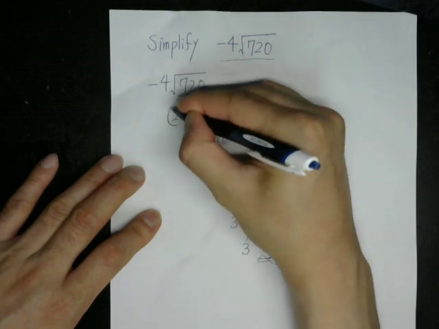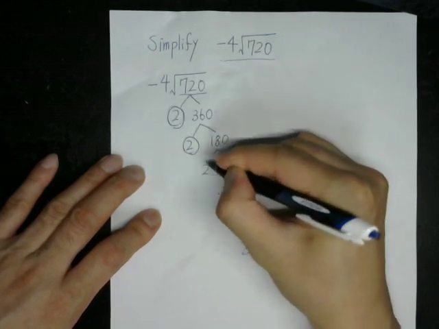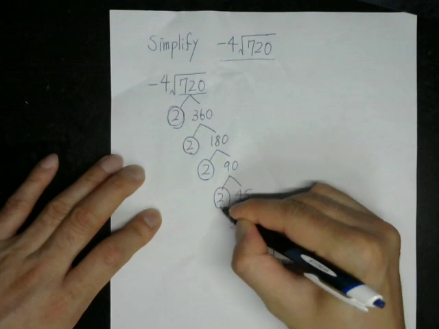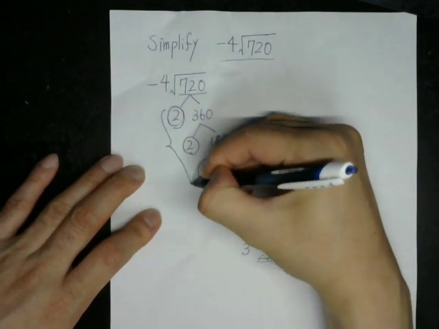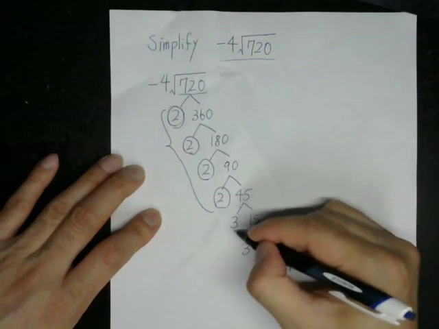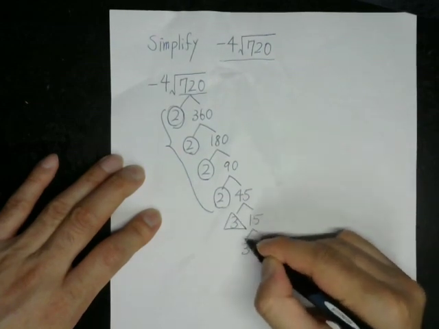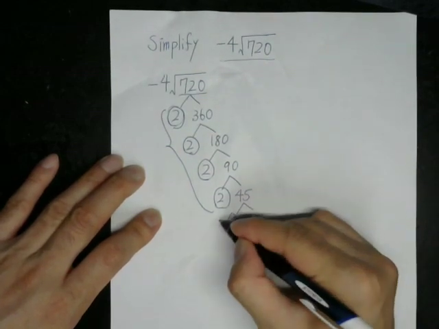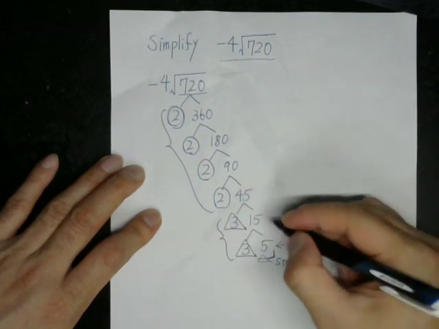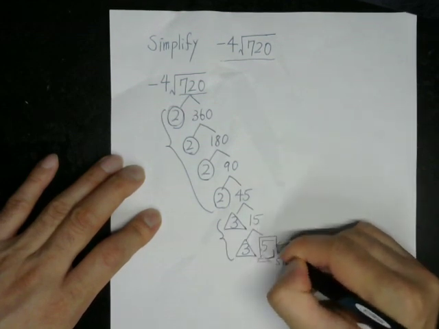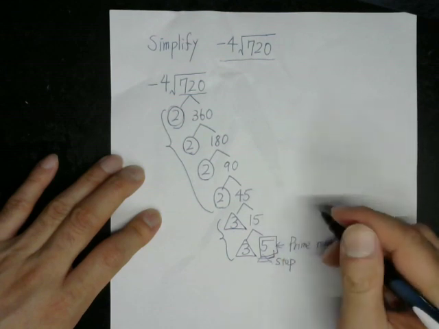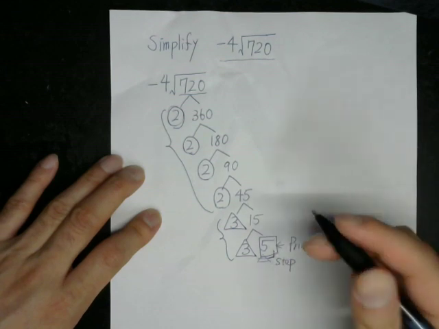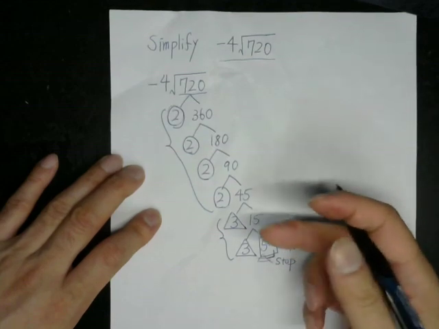Let me circle them: 1, 2, 3, 4. Yeah, 4 2's in it, and 2 3's, and 1 5. This guy is a loner, couldn't find a partner to make a pair.